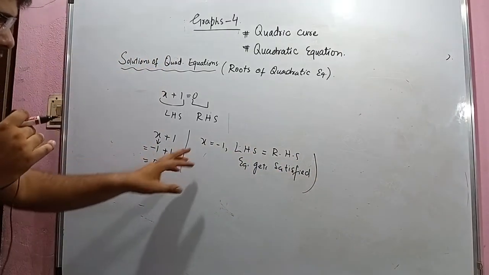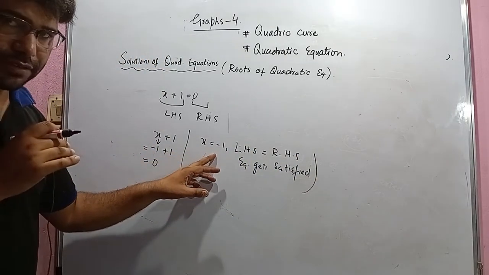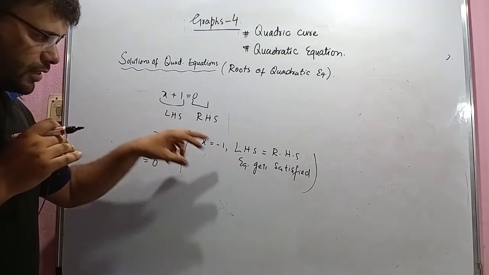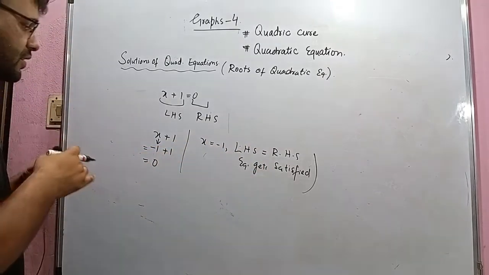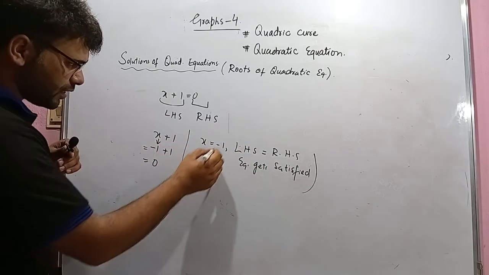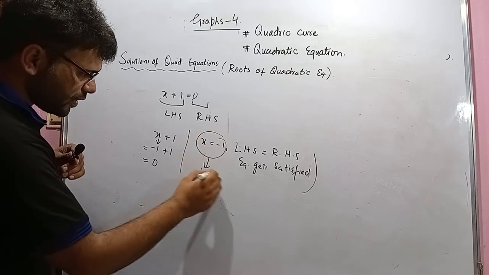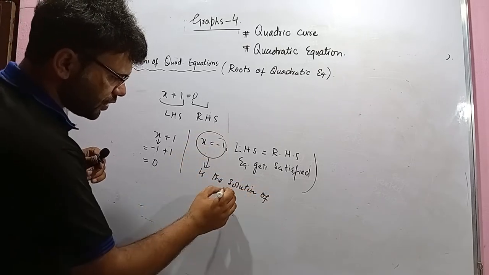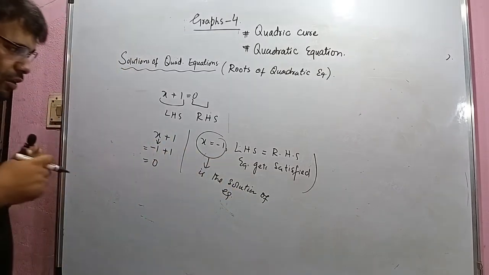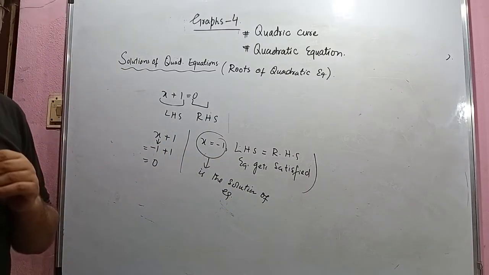So what it means is, when the value of x is minus 1, at that time LHS becomes equal to RHS, and the equation gets satisfied. So I can say x is equal to minus 1 is the solution of the equation. So what is the solution of the equation?